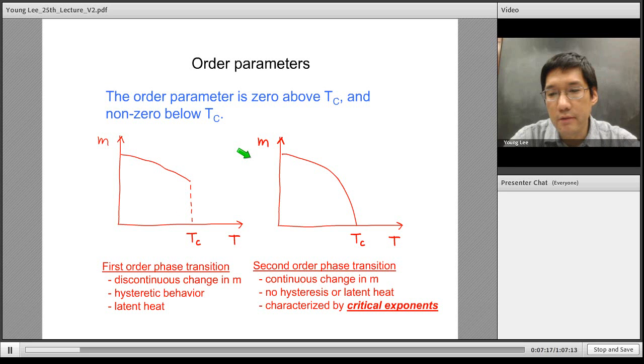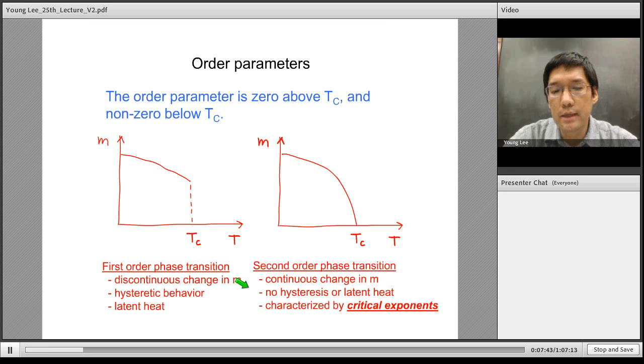Another way that the phase transition can occur as a function of temperature: as you cool down, you get this more gradual onset of the order parameter becoming non-zero. And this is a continuous phase transition, called a second order phase transition. In this case, unlike the first order phase transition, there is no hysteresis or latent heat.